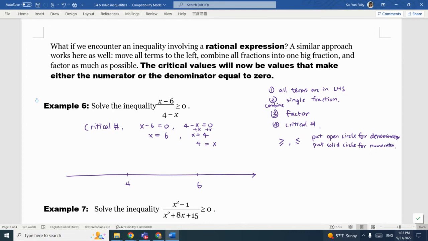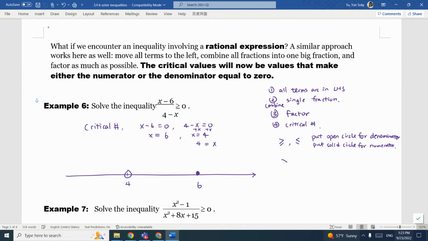Is that okay, everybody? Because your denominator, can your denominator be 0? No. In this case, 6 is the numerator. Can your numerator be 0? Yes. So you put a solid circle for the numerator. Denominator 4. Can x be 4? No. So we put an open circle there.